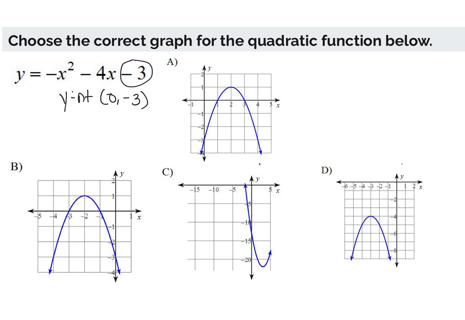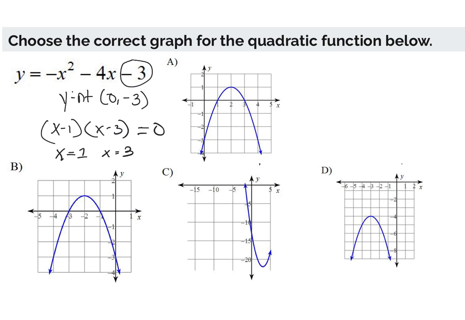Next, I can find my x-intercepts by factoring. If I factor my quadratic equation, I end up with (x - 1)(x - 3), and I would solve them each individually by setting each of them equal to 0. So I end up with x is equal to +1 and x is equal to +3.